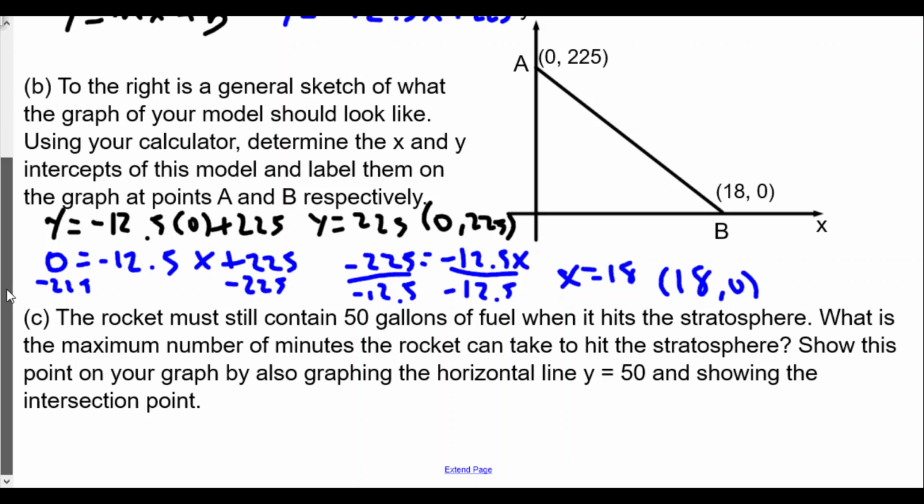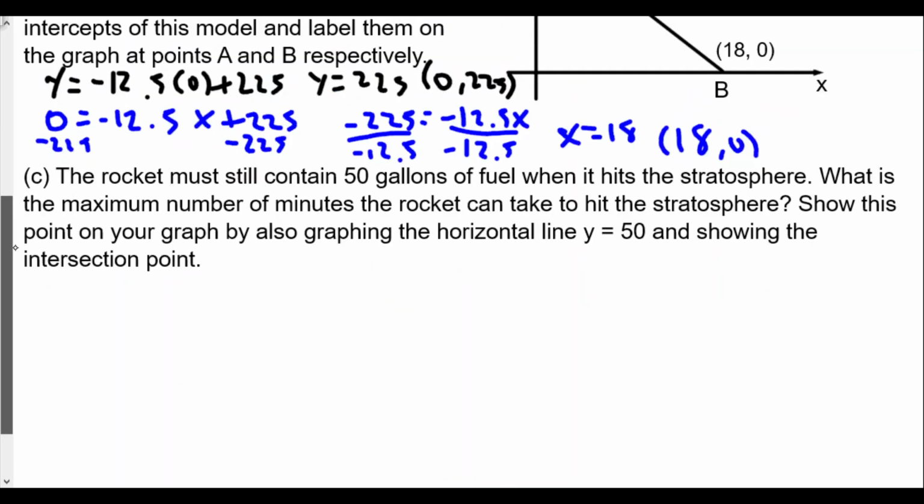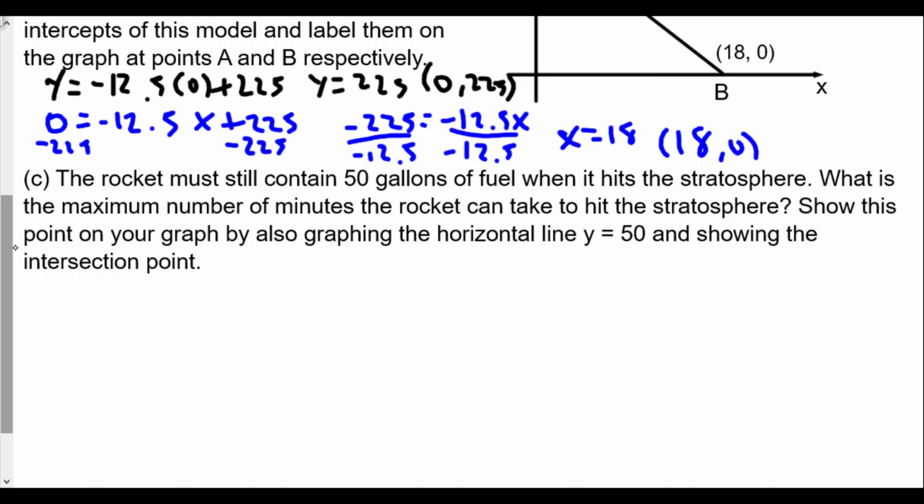And so we are going to, in this case, first set the y value to 50. Okay, and so from here, we'll solve for the x value, the number of minutes. So we have negative 12.5x plus 225.